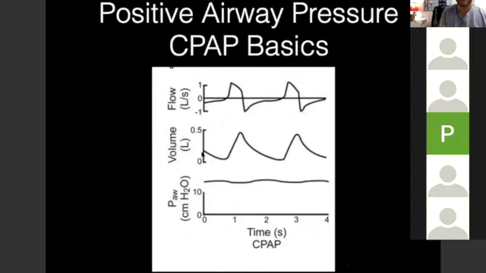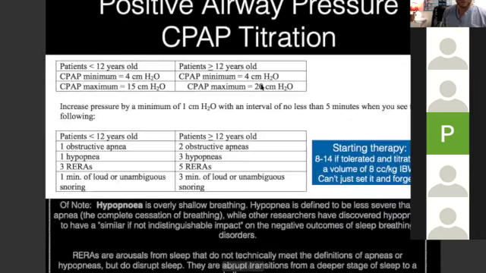All right, so again, CPAP, it's just one pressure. It shows the patient's volumes and the flow of the machine. The minimum CPAP you would order is 4, and the maximum is 20. And if you wanted to titrate it at the bedside, you could start it and go up by 1 centimeter of water every 5 minutes until you see the following not occur.